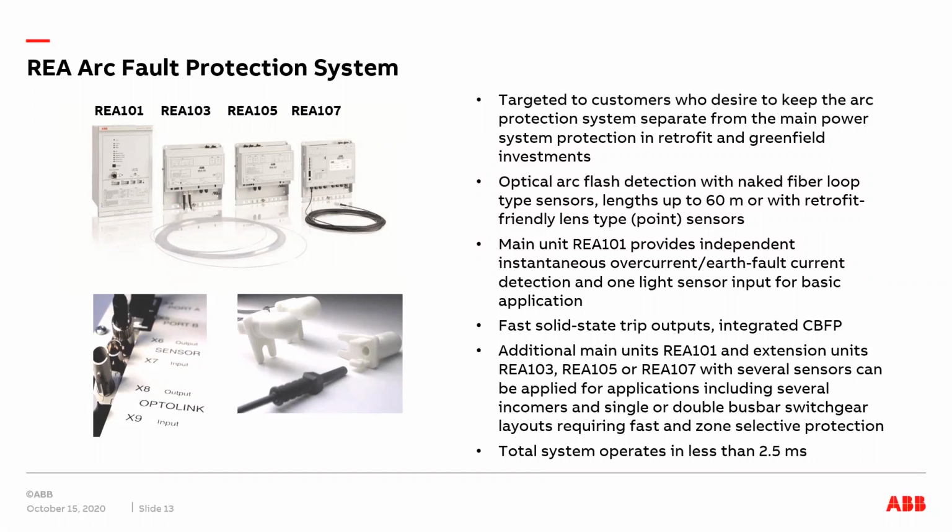As Kenneth already told, the arc flash causes very intense light, and so the optical arc flash detection is one of the most effective ways to detect the arc flash and to provide protection with the speed of light, so to say.